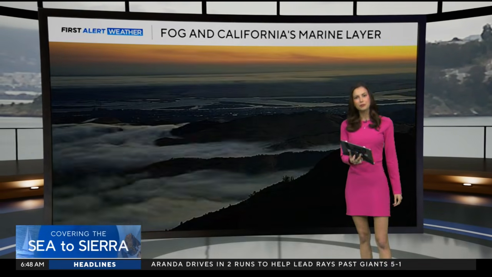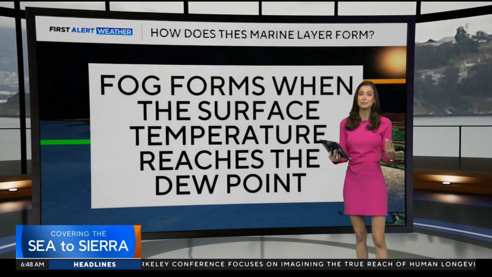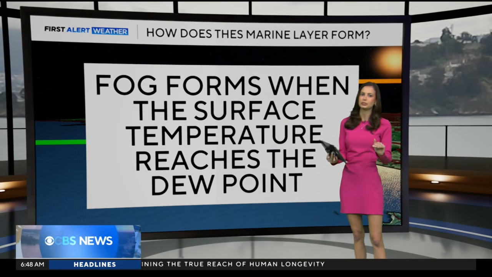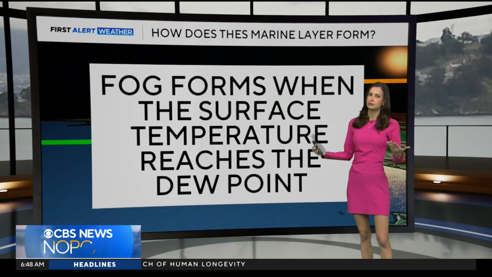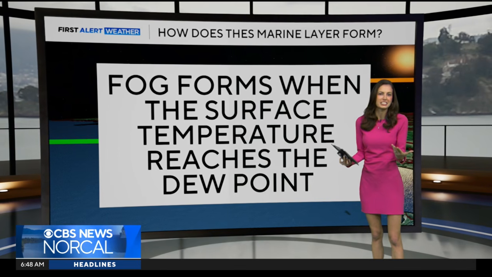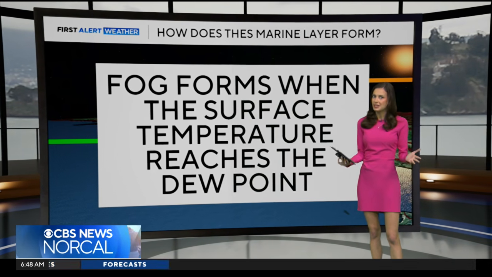First and foremost, we have to understand exactly how fog forms in the first place. Fog forms when the surface temperature drops down to the dew point. And the dew point is a little bit tricky to explain. It's basically a measure of how much moisture is in the atmosphere, and it's either always lower than or the same as the temperature.